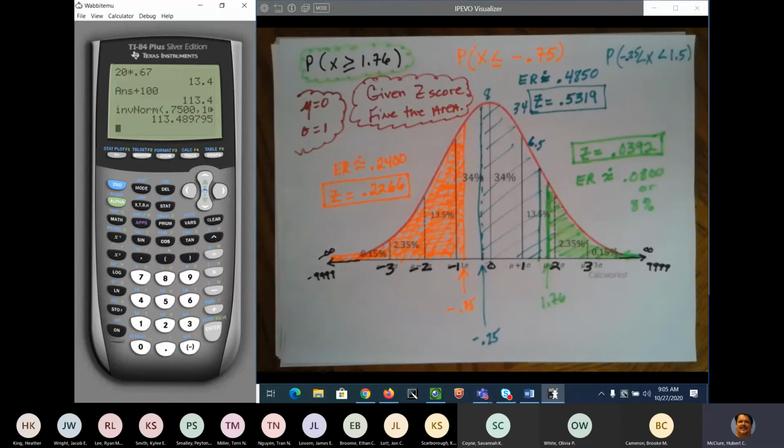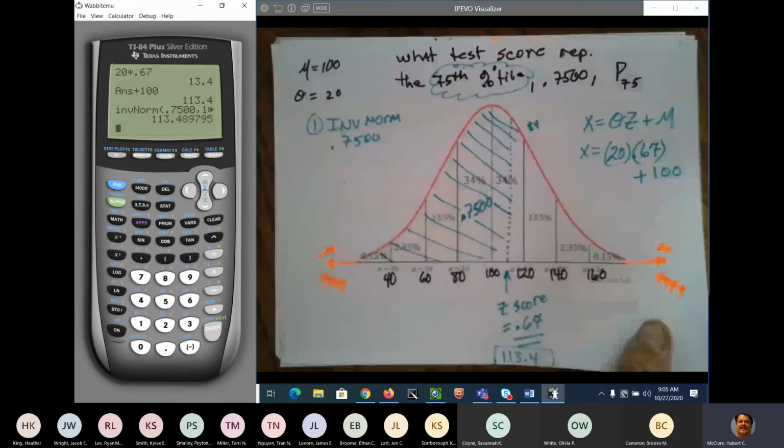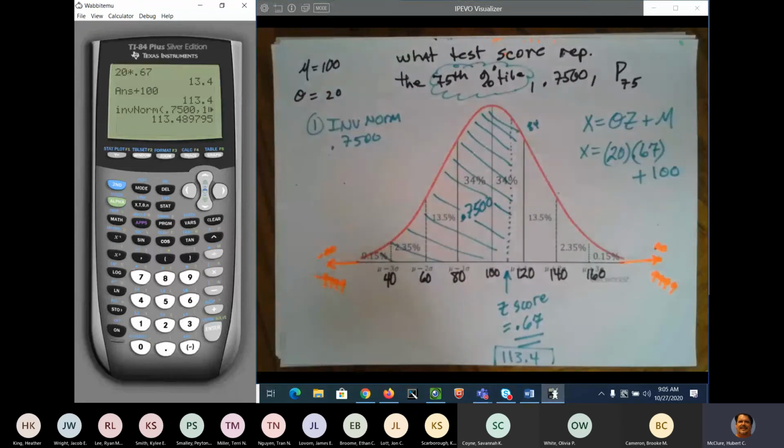Okay, the other type of question that they might give you is a question where they give you the area and you have to calculate the z-score.